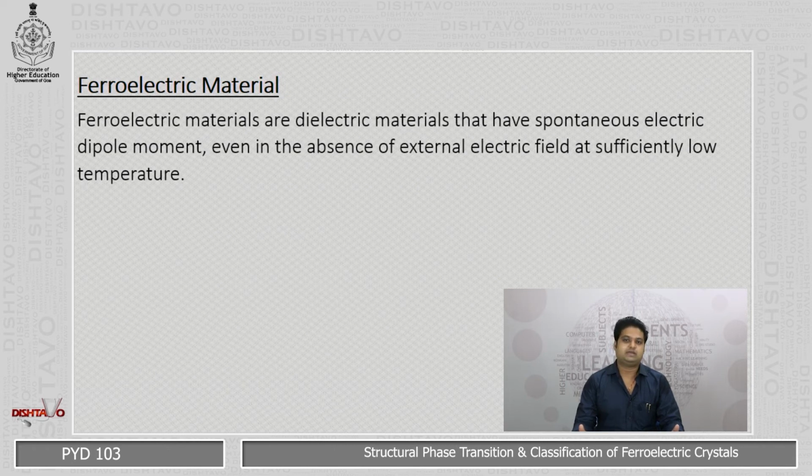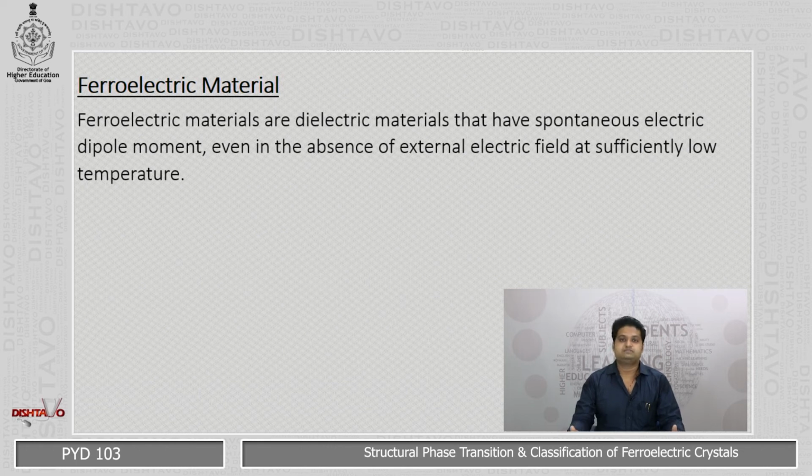Just as in ferromagnetism you had spontaneous magnetization, whether the magnetic field was applied or not, there was already a magnetic field in the material, and those materials were called ferromagnets. Similarly, here we have ferroelectric materials, which are actually dielectric materials, and they have a spontaneous electric dipole moment.